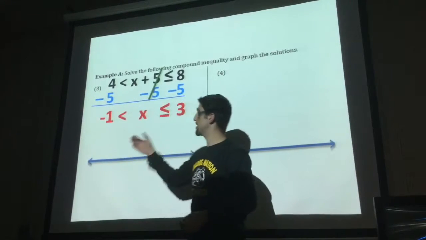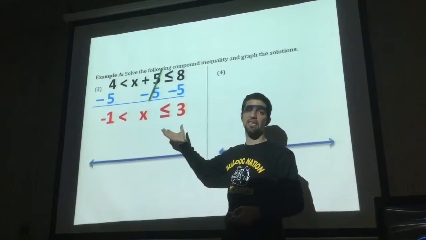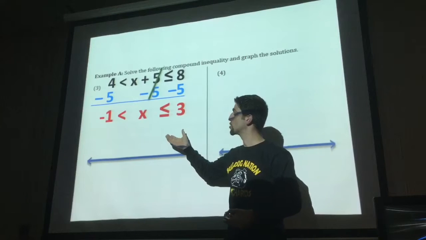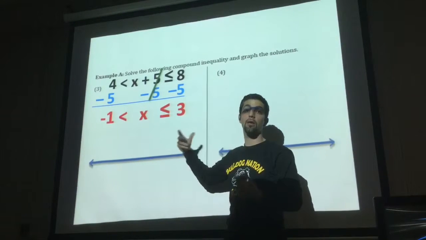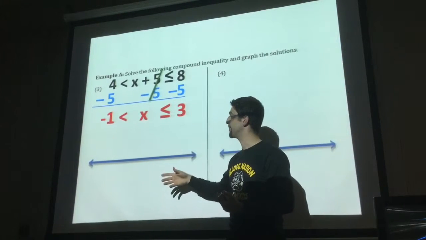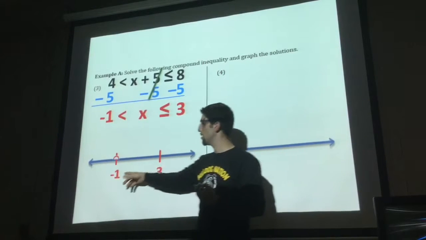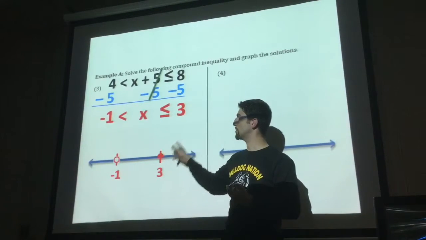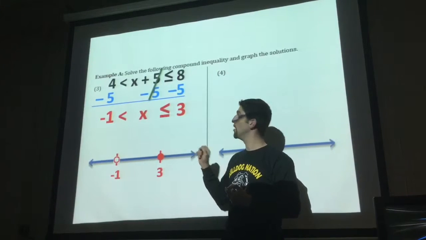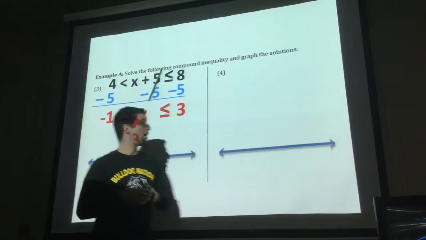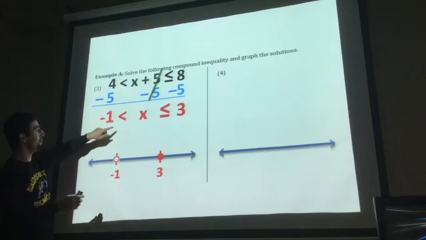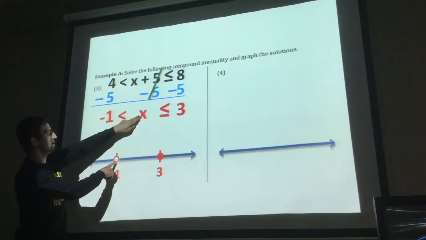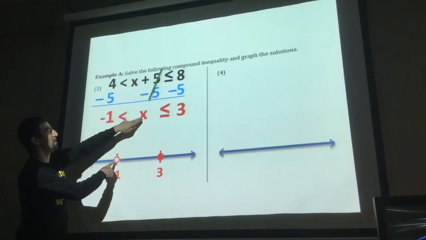Now this right here, again, is an AND problem, so we are going to look at the overlap. We have -1, and we have 3. Now 3 is going to be a closed circle. For this one, if I put a number in here, this would be like maybe 100.